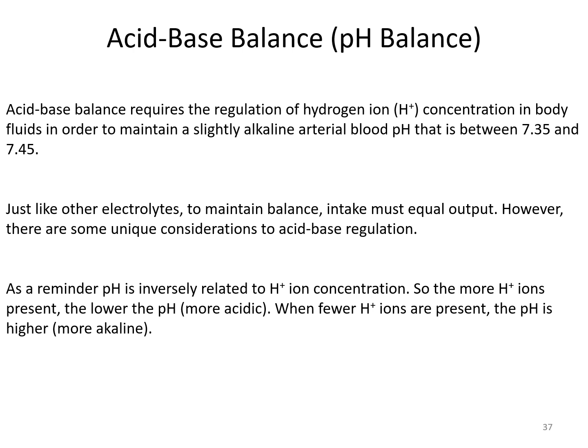But there are some different circumstances to consider when we're talking specifically about hydrogen ions. As a reminder, pH is inversely related to the hydrogen ion concentration. So the more hydrogen ions you have, the lower the pH. The lower the pH, the more acidic it is. When you have fewer hydrogen ions present, the pH goes up and it's more alkaline.